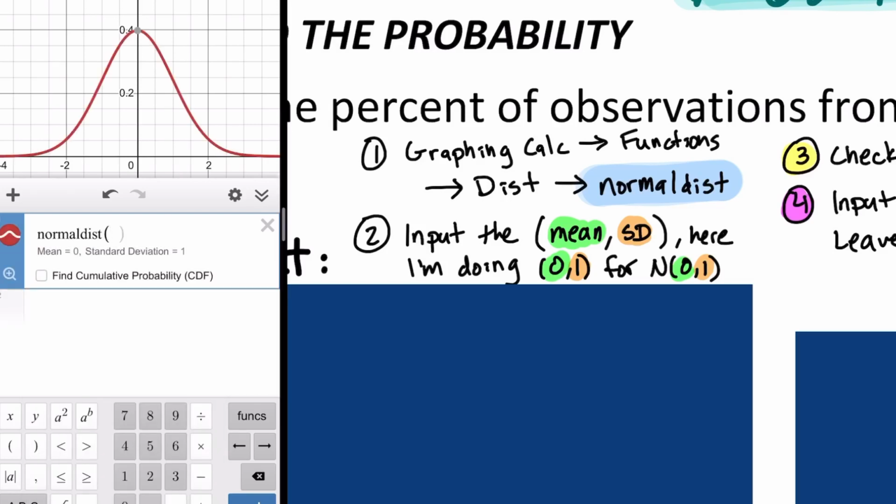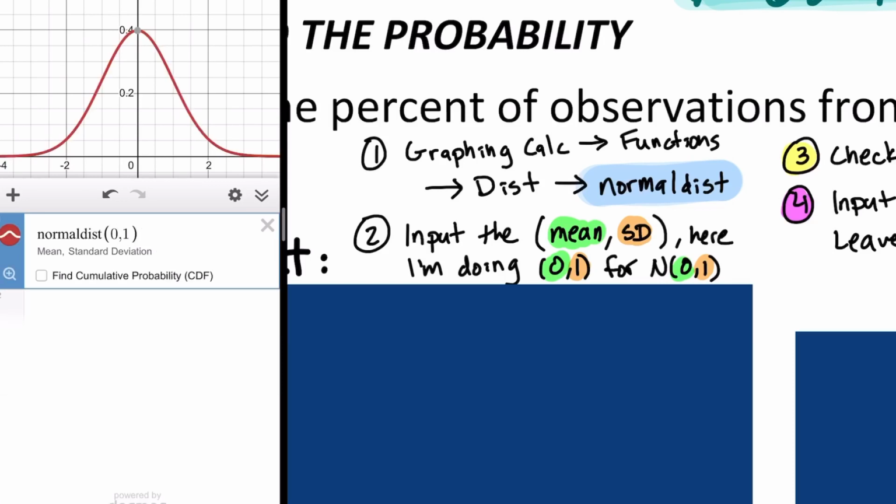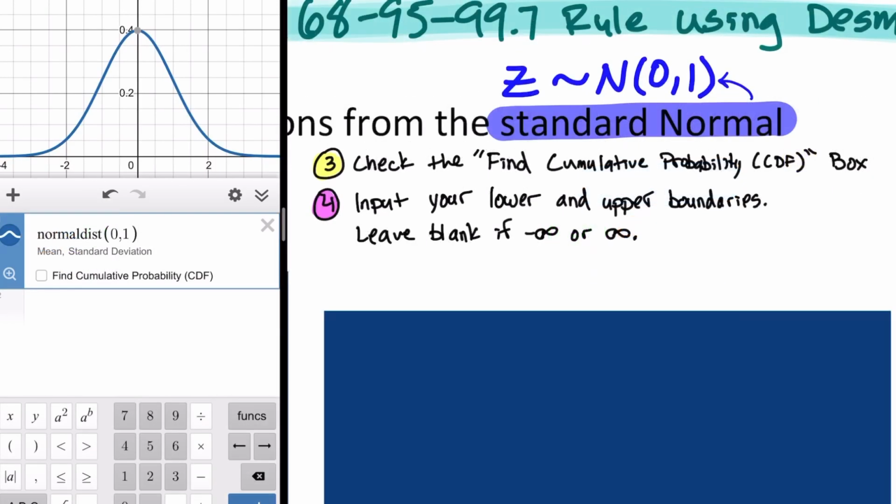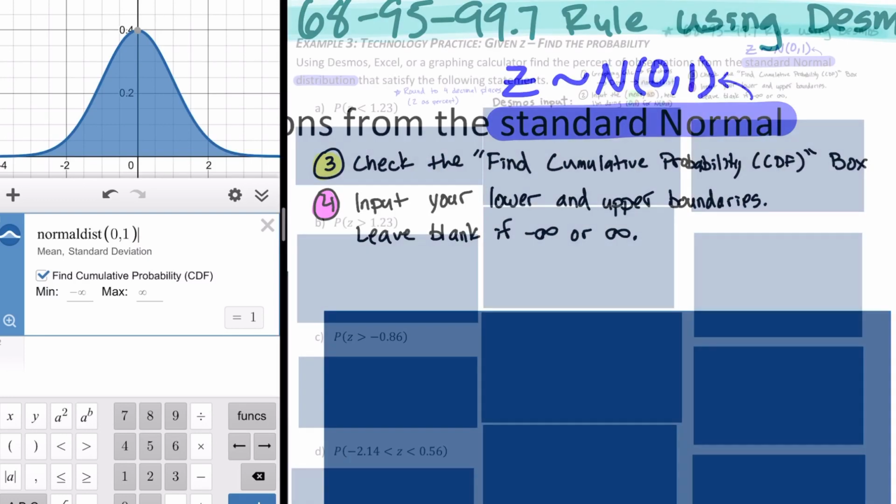Then input the mean and standard deviation. Here this is mean 0, standard deviation 1. Then it says check the find cumulative property CDF box, so I'll check that box, and then we'll input our lower and upper boundaries, and we'll leave it blank if it's negative infinity or positive infinity.